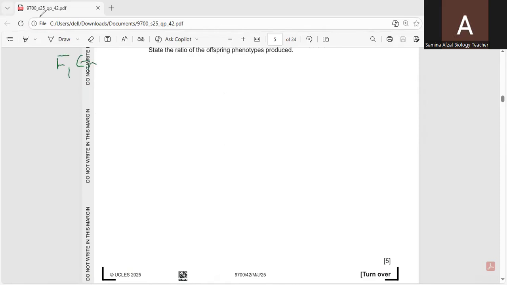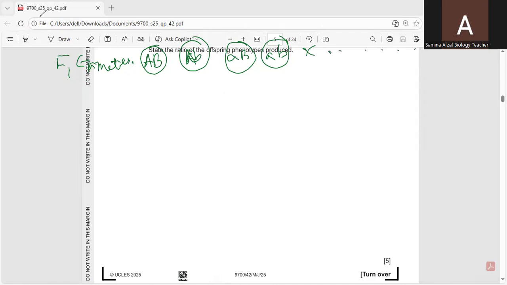The F1 gametes are capital A, capital B; capital A, small b; small a, capital B; and small a, small b, and they will be the same on both sides. So we will make a Punnett square for them.